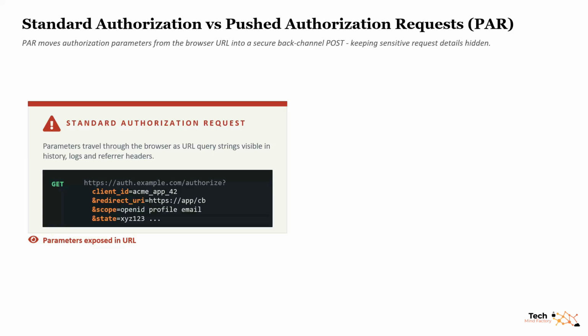In this request, all the parameters travel through the browser as URL query strings visible in history, logs, and referer headers. So as we look here, we can see that client ID, redirect URI, scope, state, and all other parameters, even those that are custom parameters sent to authorization server. So all those parameters are exposed in the URL.